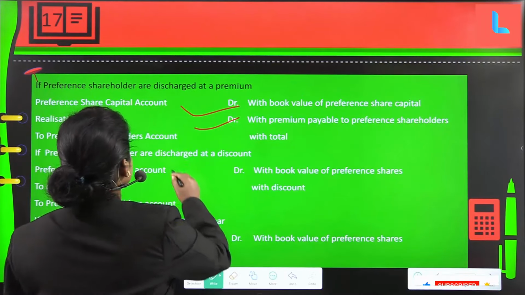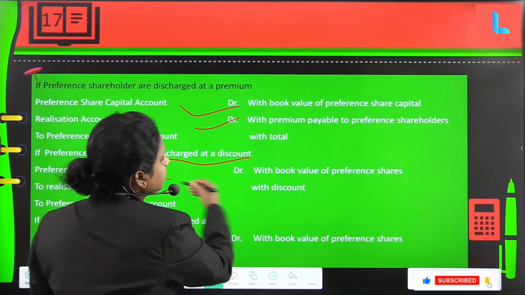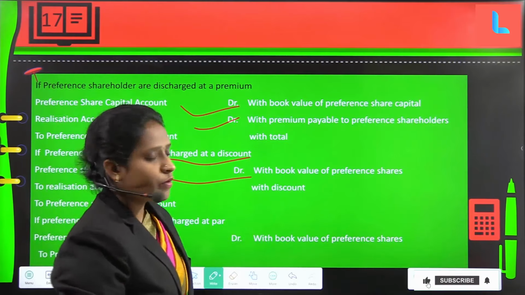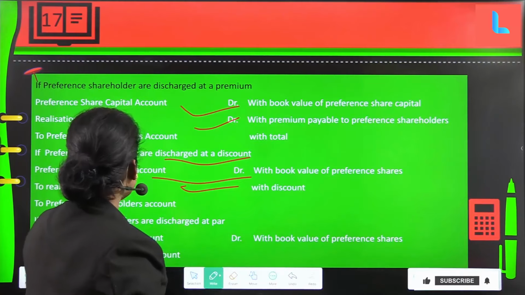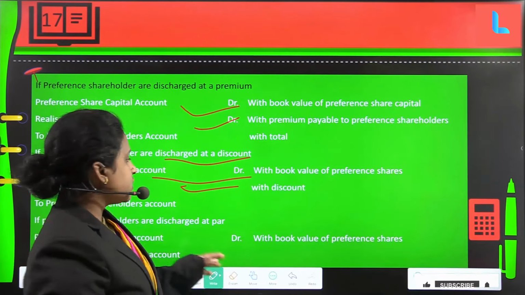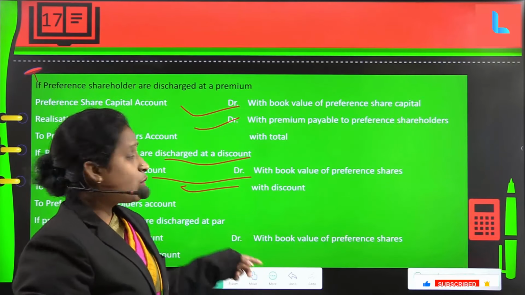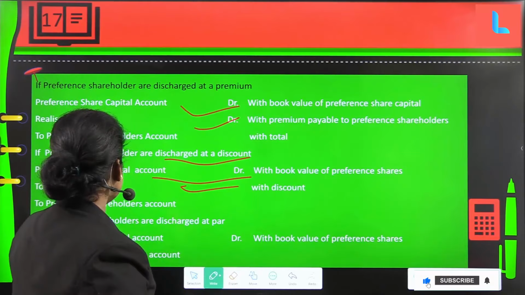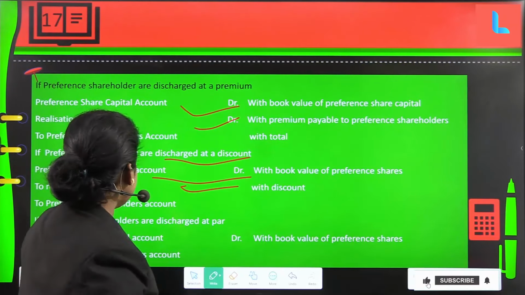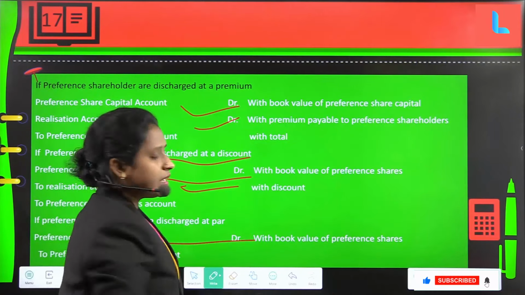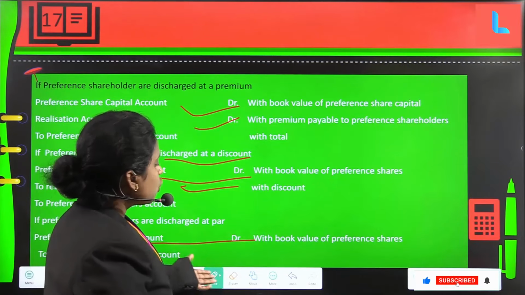If preference shareholders are discharged at a discount, the entry would be preference share capital account debit with the book value of the preference shares, to realization account with the discount, and to preference shareholders account. If they are discharged at par, as we have already solved problems on these, the entry would be preference share capital account debit to preference shareholders account with the book value.